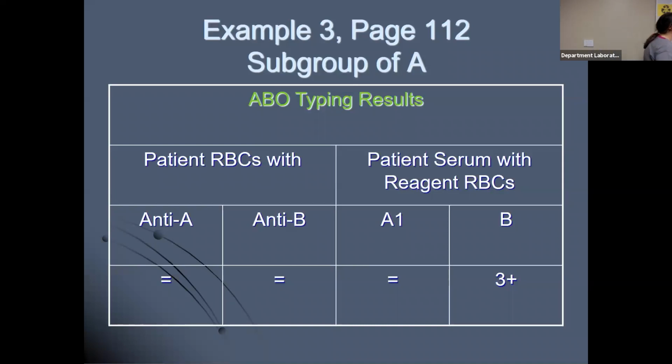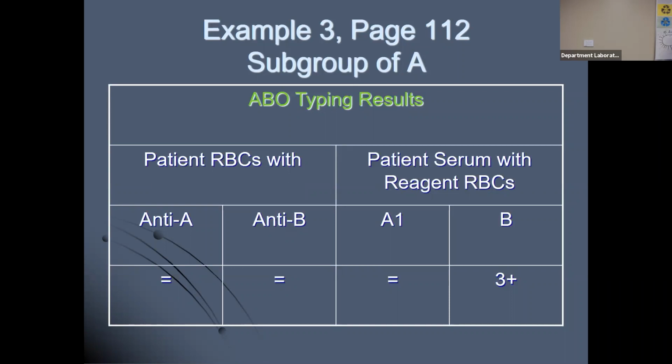Students always want to say A1 patients react with A2 cells, or A2 patients react with A2 cells. That's not correct. I know you want it to be, but you have to think about it backwards. A1 patients have the A1 antigen, okay? A1 patients cannot build anti-A2. You guys remember I told you that? Remember, A2 cells, you're mixing with patient plasma, you're testing for the antibody, okay?